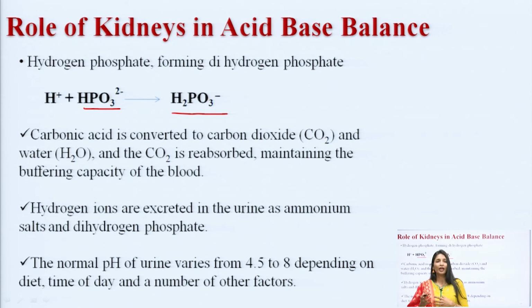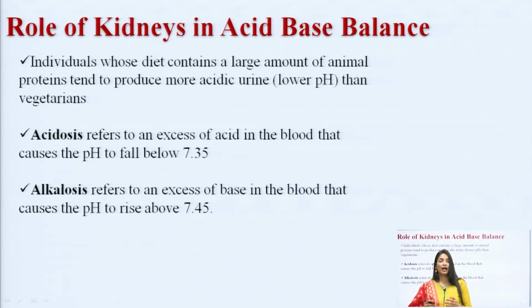There are a lot of factors that decide the urine pH, and the pH level changes from person to person. When you have taken a protein-rich animal diet, the pH will be more acidic than in vegetarians.